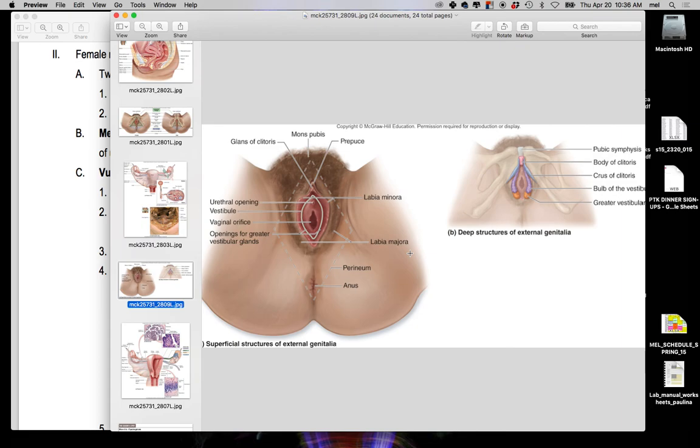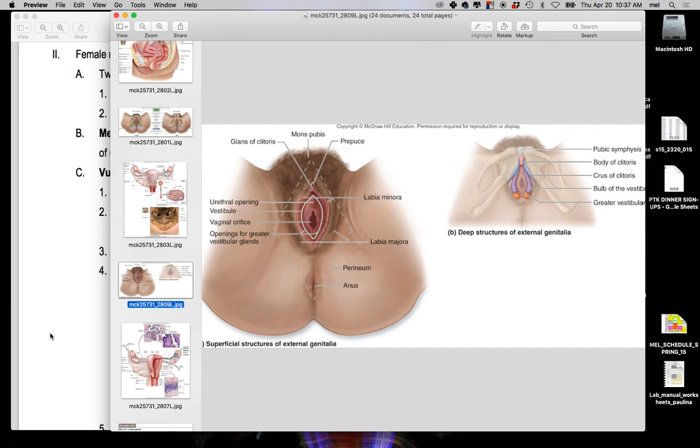And so when a female becomes aroused, the greater vestibular glands will lubricate the openings of the vagina. Now, the vagina has secretions as well, but this is lubricating the openings of the vagina. These sit behind the skin, right there, and they're actually dumping near the opening. Does that make sense?